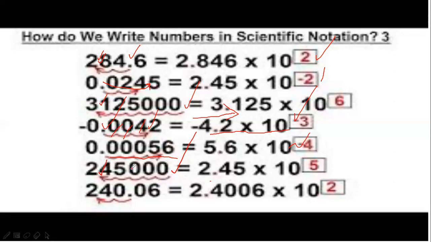So between the initial and final position there are 4 digits, so the power should be 4. Here 2, because we shifted the point 2 digits. So 2.4006 cross 10 to the power 2 is the scientific notation of 240.06.